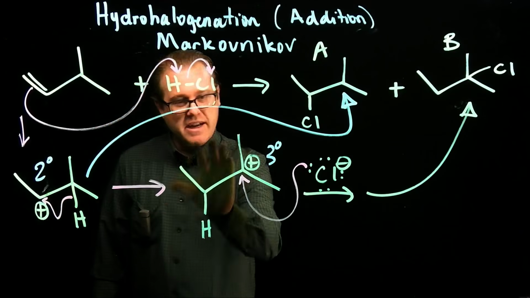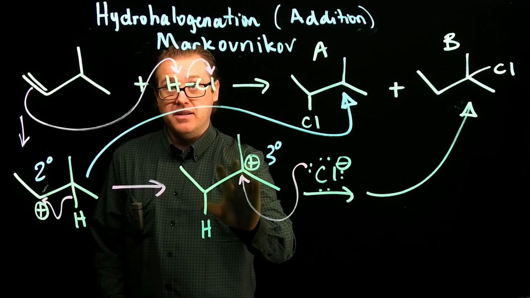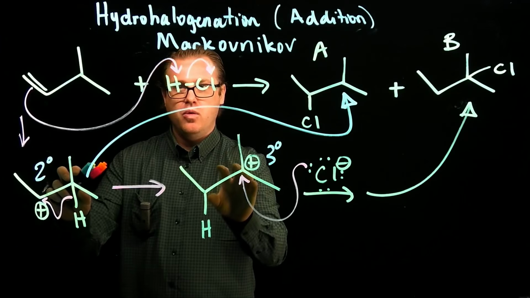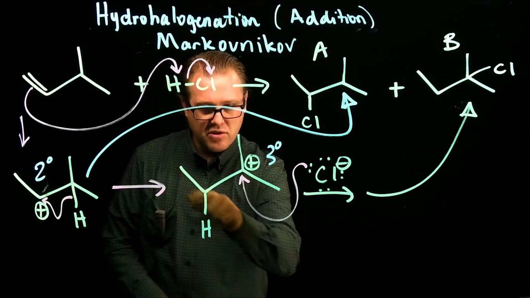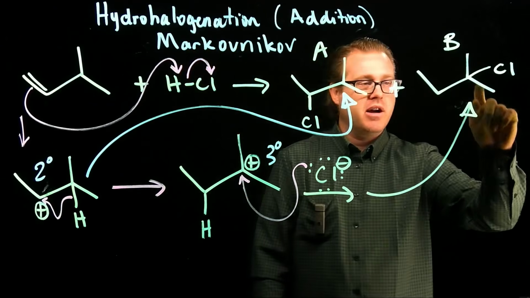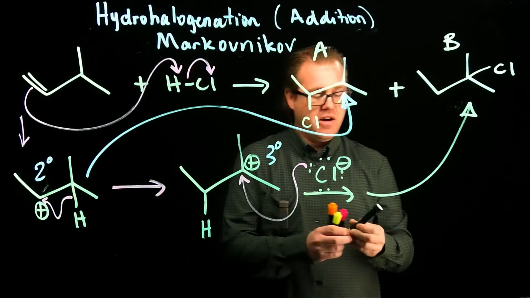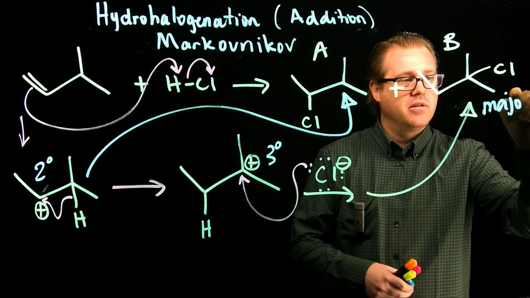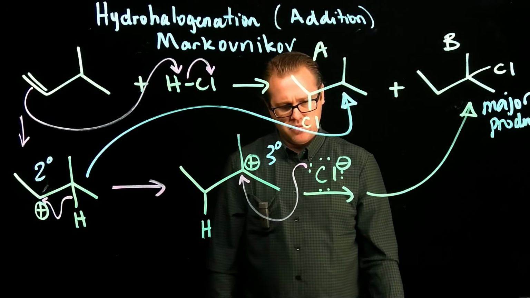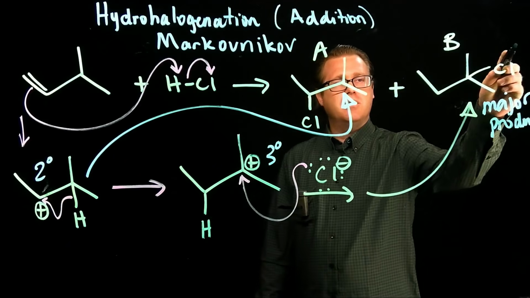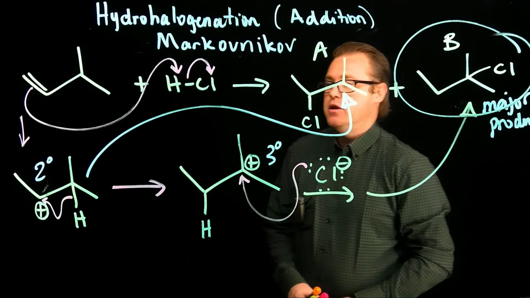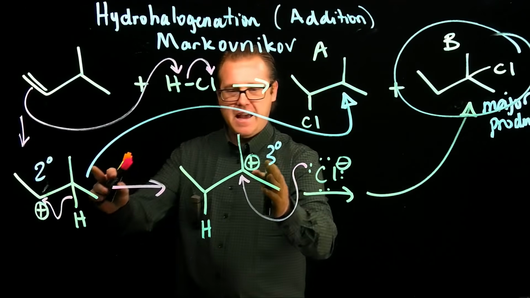So that means this guy's going to be the most prevalent. When you compare the ratios between these two, which one's going to be more abundant? Well, this one, because it's more stable. So because it's more stable, it's going to lead to product B, which then by default makes that the major product. Okay, so in this example, product B is the major product due to energetics.